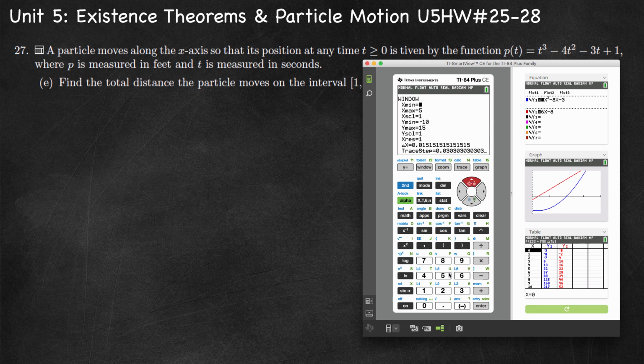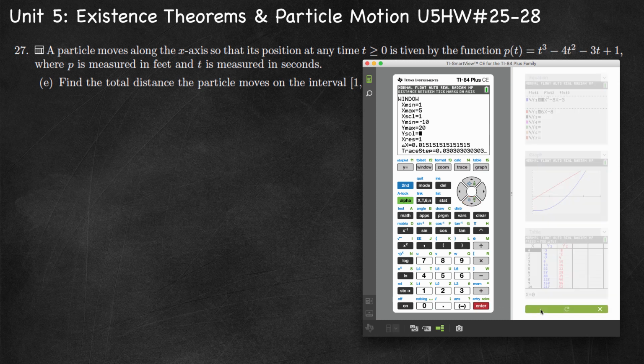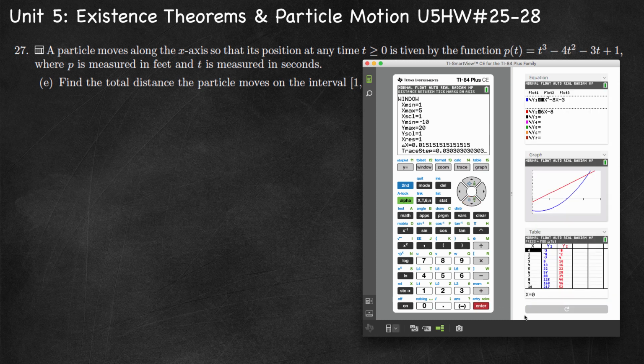I want to stick with 1 to 5, so I don't need to change x min, x max, but it looks like my y max needs to be a little higher.